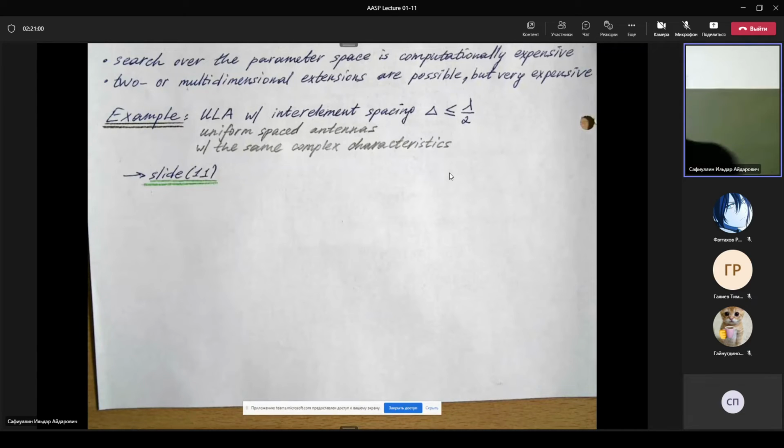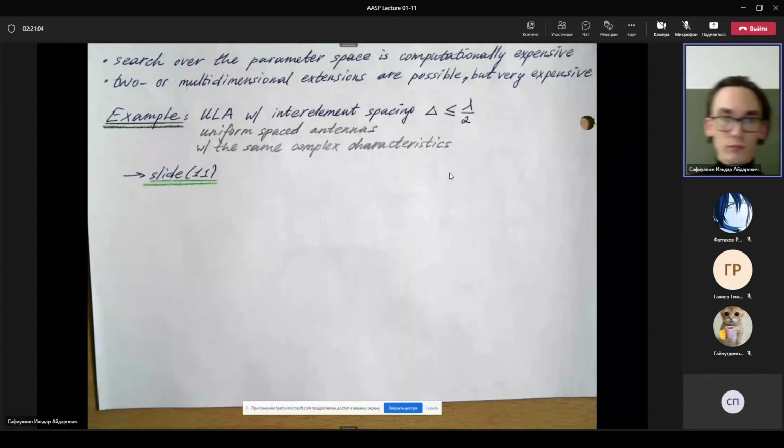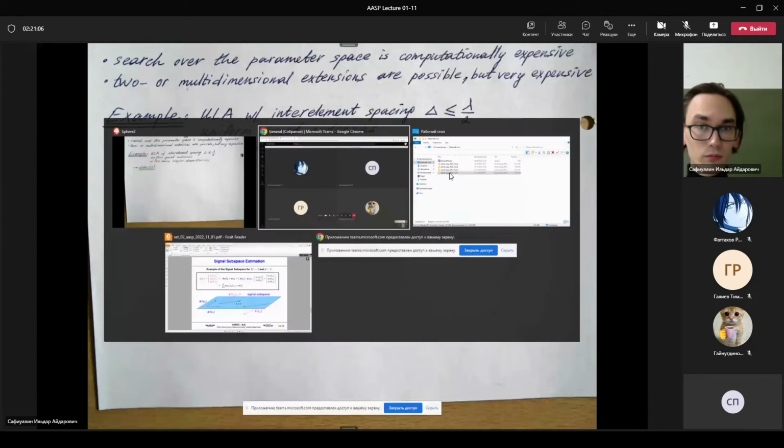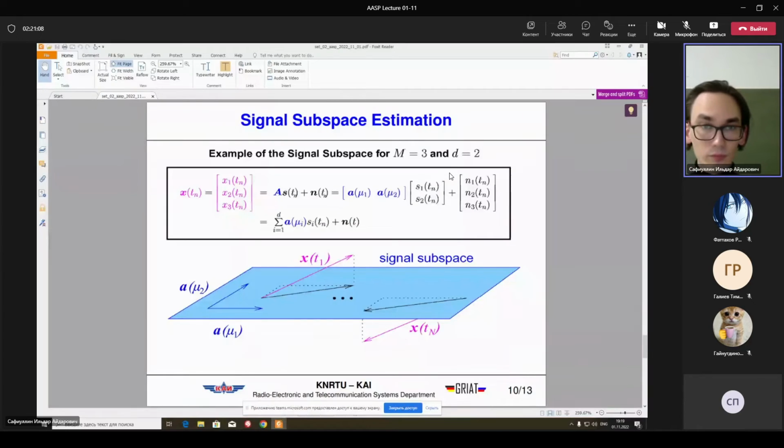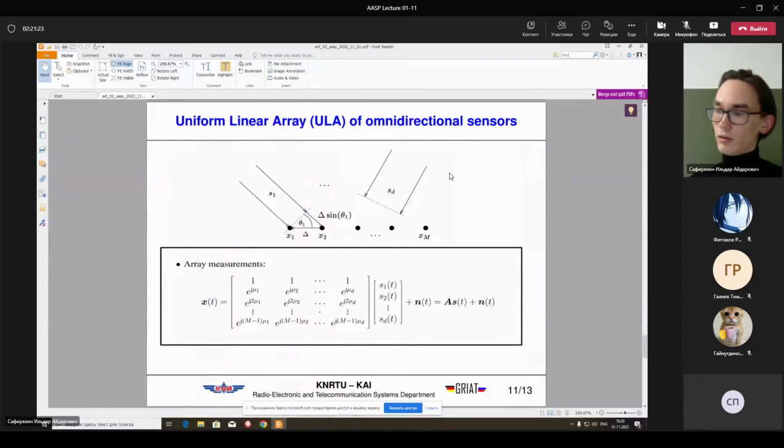So let me show you this slide. So this one, uniform linear array. And here we have omnidirectional sensors. And then I will show you also what it means omnidirectional using directivity pattern.